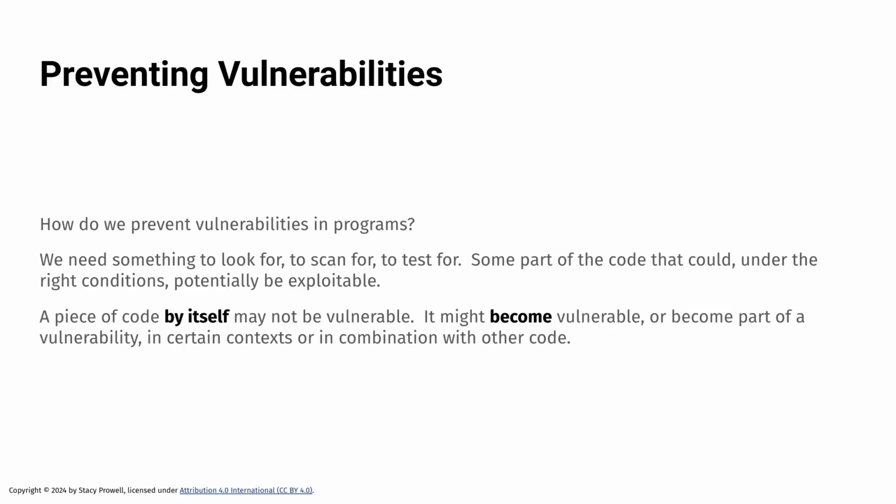So a piece of code by itself might not be vulnerable, right? Each line of your code is probably not a vulnerability. But together they can become a vulnerability or become part of a vulnerability. And that could be in some particular context, or in combination with other code or other systems.